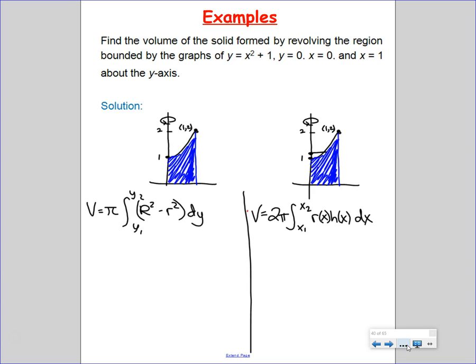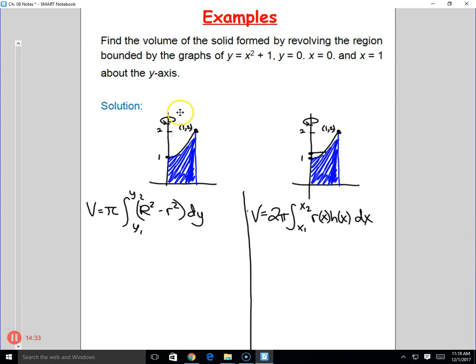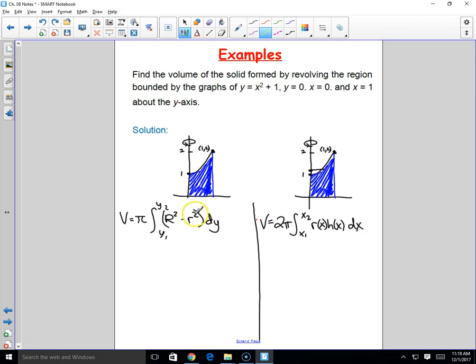What is it? Shells. Do you see how one is dy and one is dx? For the dy one, we would see that with the thickness of the disc up here. And if I was to get a little yellow highlighter, I would go right minus left.